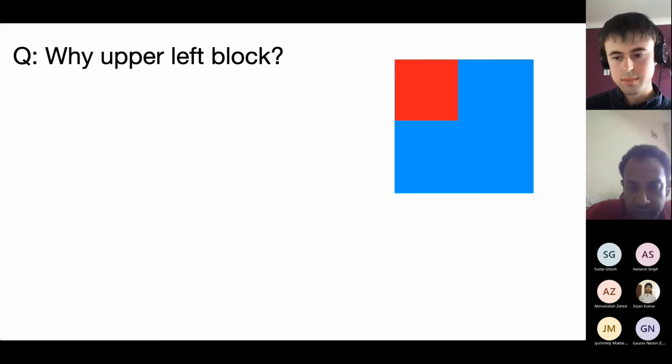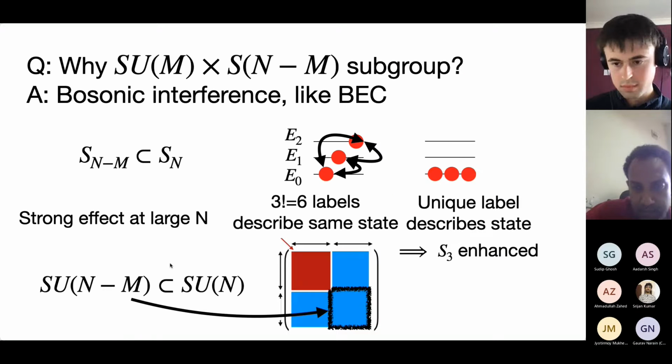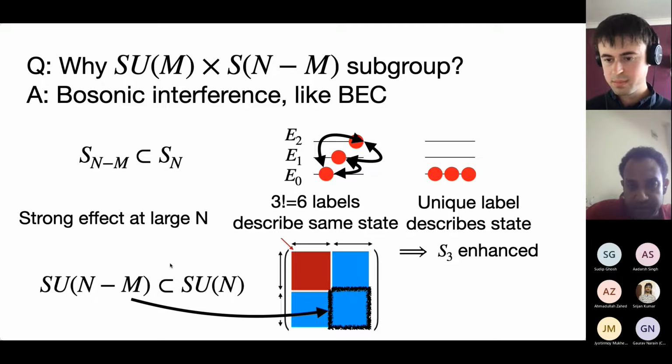Sorry, I got confused. I would have thought that in the S_N case that if there are n particles, it'll be most favorable for all the particles to be in the ground state, right? Yes, but then you introduce a finite temperature, and so you have these thermodynamic issues. True, yeah. But I think there is a big difference there, because I think this S_N is not gauged in typical bosonic systems, right?